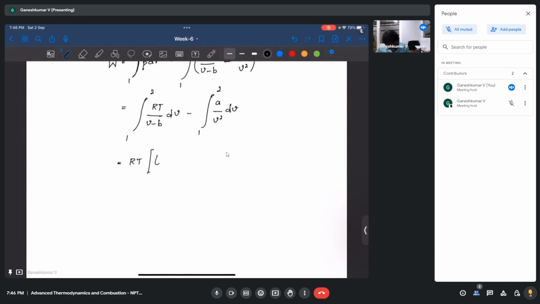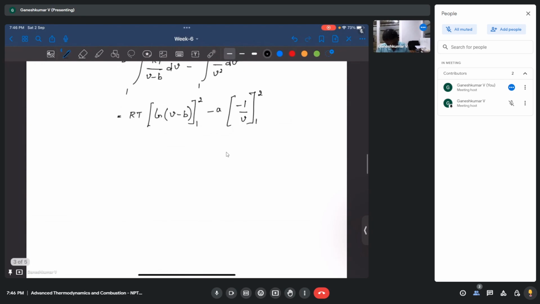So you can write this as RT ln of V2 minus B, minus A times the integral of 1 by V square, which is minus 1 by V, so 1 divided by V2 minus 1 divided by V1.